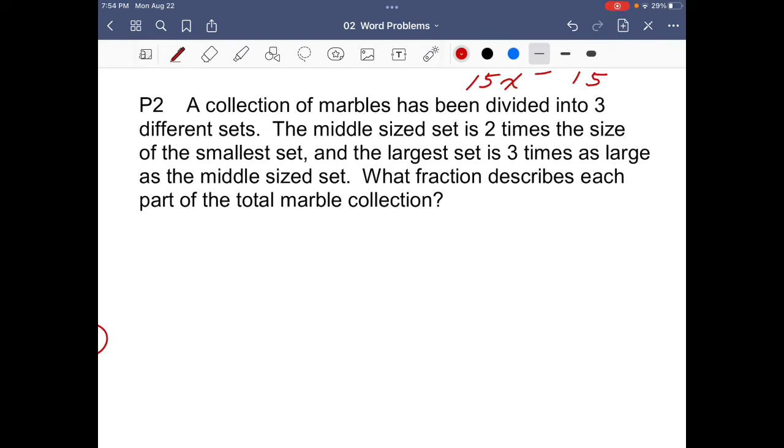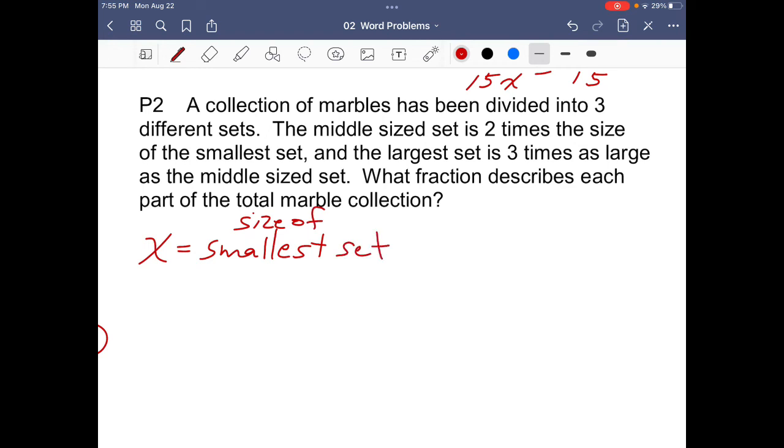Okay, when I read that, I realize that the thing I know the least about would be the smallest set. So we always want to let our variable be what we know the least about. So x is the smallest. Now, when we say x, we mean the size of it. The size of the smallest set.